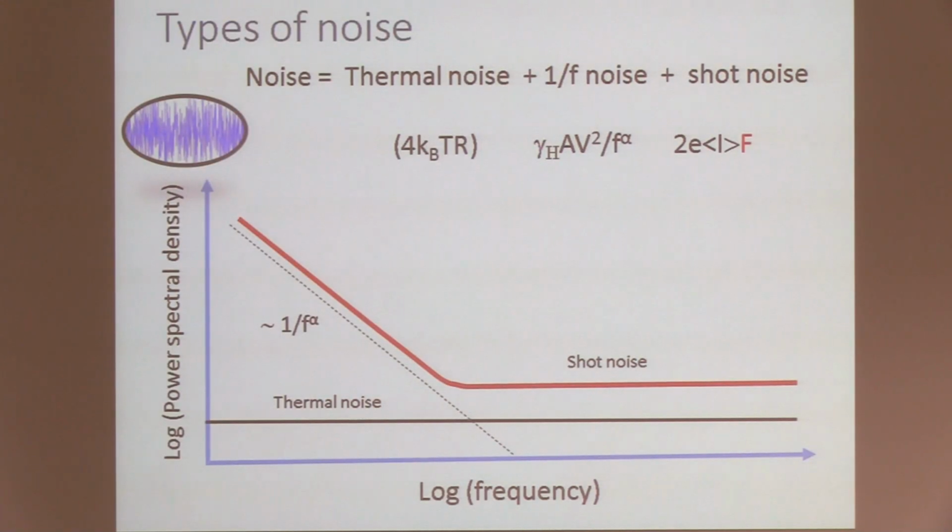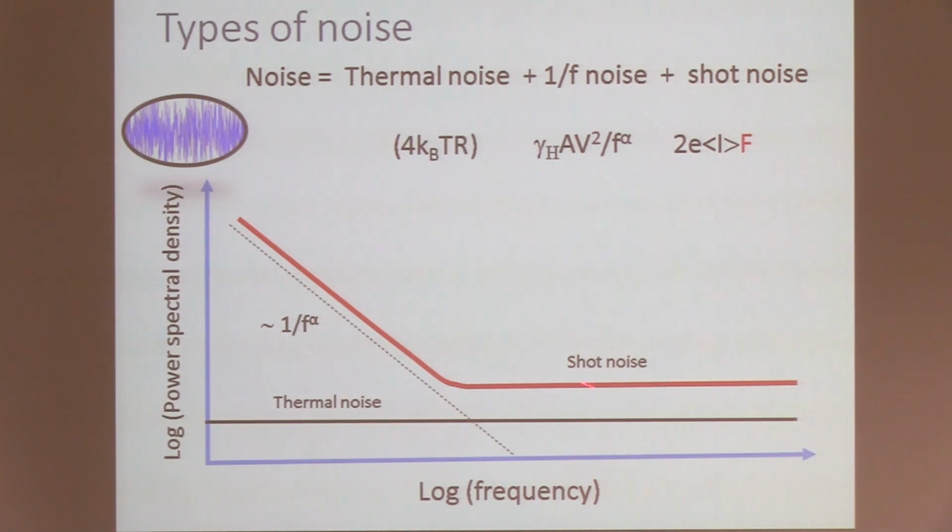Now, after this conductance measurement, what we are interested in is to see the spin polarization through shot noise measurement. There are three types of noise in solid state physics: thermal noise, 1/f noise or pink noise, and shot noise.